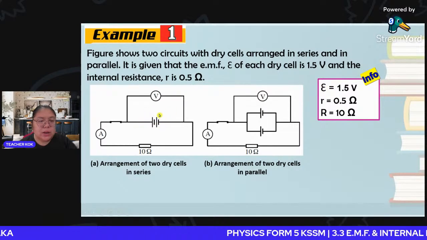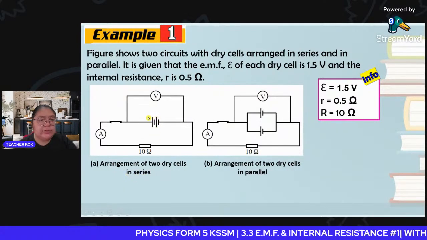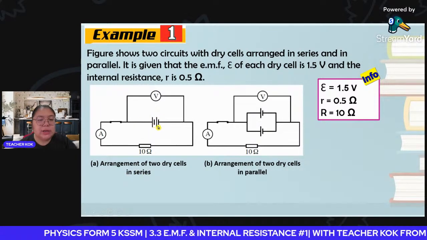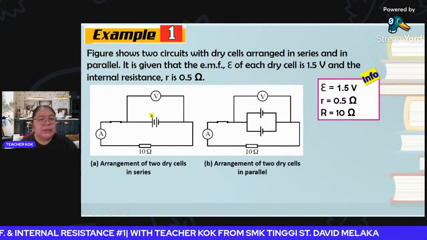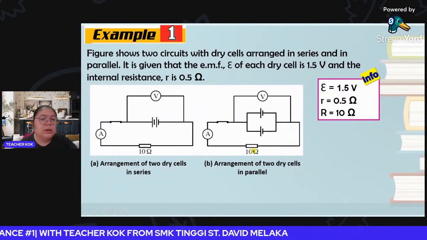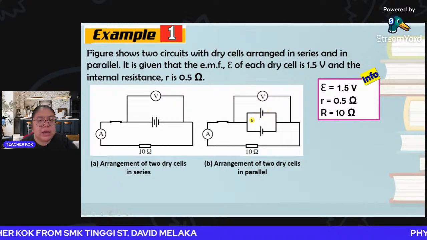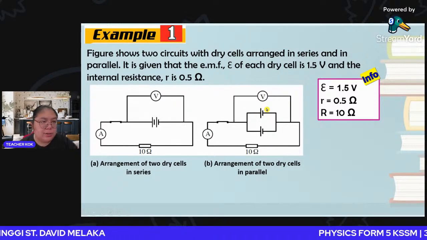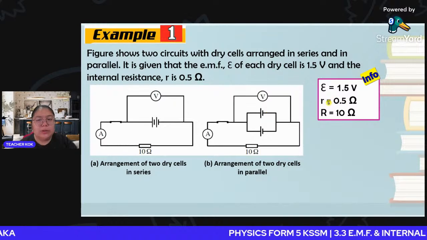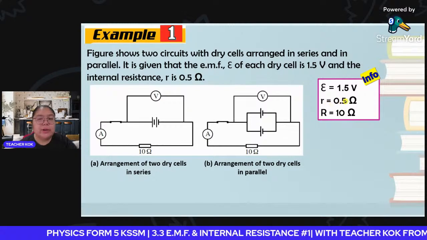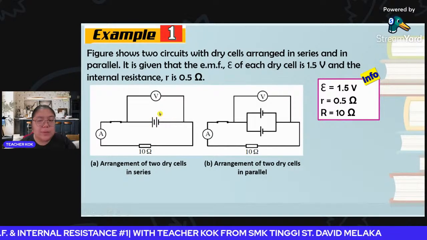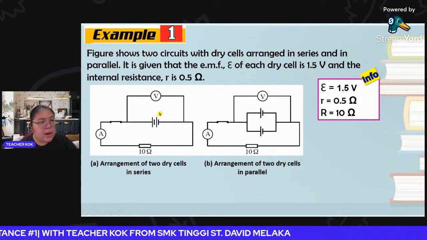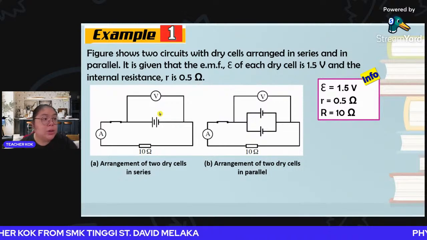We can see the first one is a series of the battery. So in series, the volts we need to add together. So I can say for the series, the EMF will become 3. For the parallel, the EMF is still 1.5. Now the second one should be the internal resistance, which is also inside the battery. So internal resistance for the series, we just add 0.5 plus 0.5, so that should be 1 ohm.